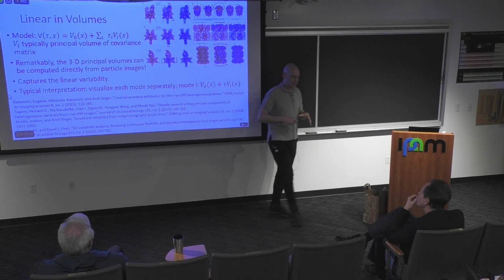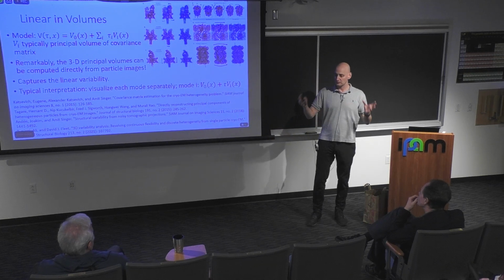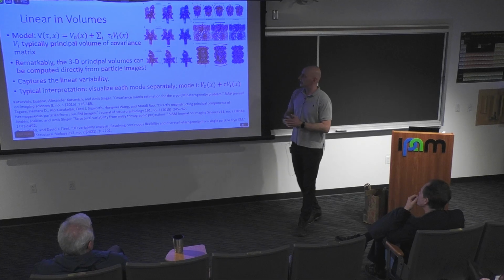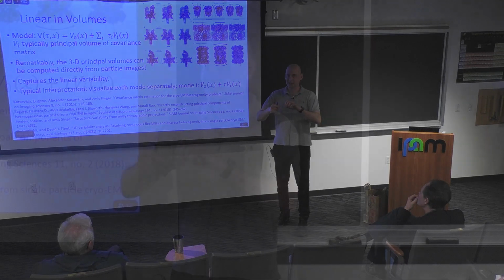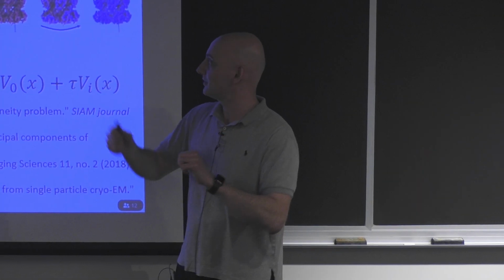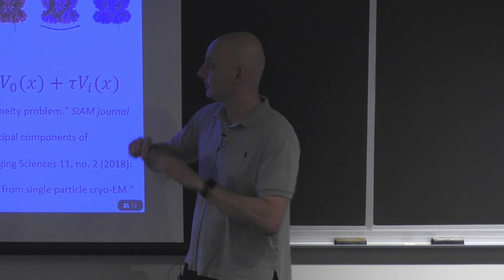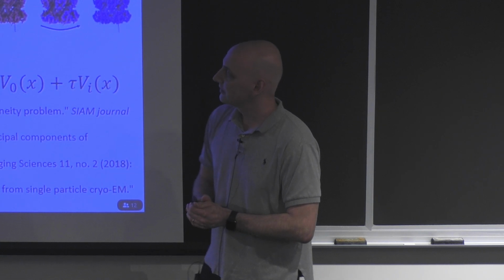These would usually be principal volumes. So these are the principal vectors of the covariance matrix of the volumes.